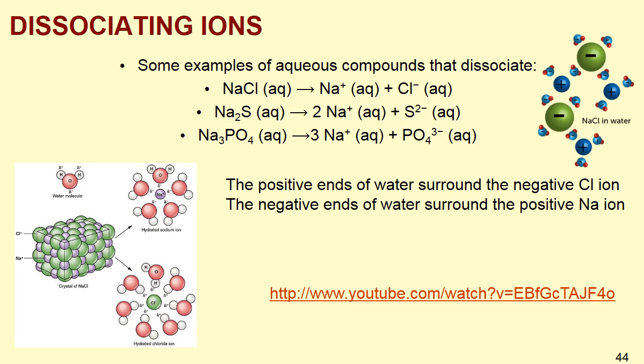The same thing happens with Na3PO4. There are 3 Na plus ions and 1 phosphate ion. Again, go back and review some of your polyatomic ions. The PO4 does not break further down, but it is the phosphate ion, PO4 negative 3. So that stays as 1 ion.